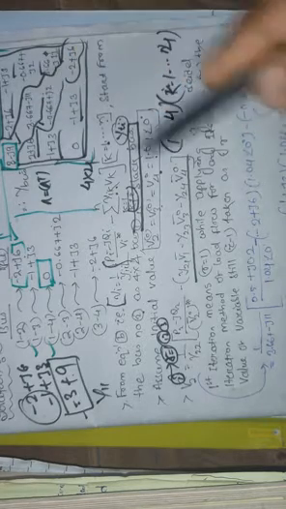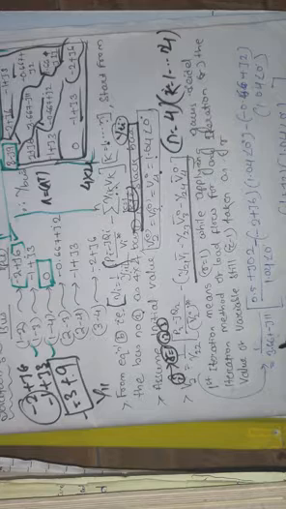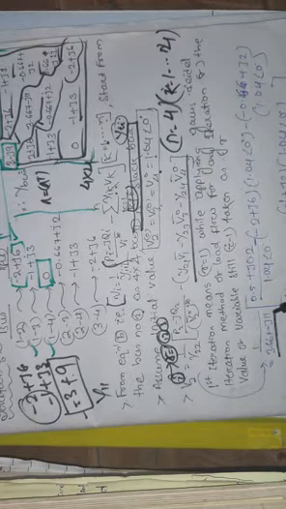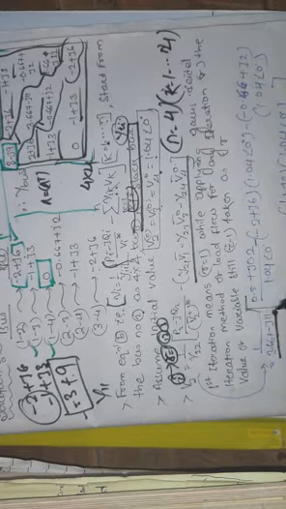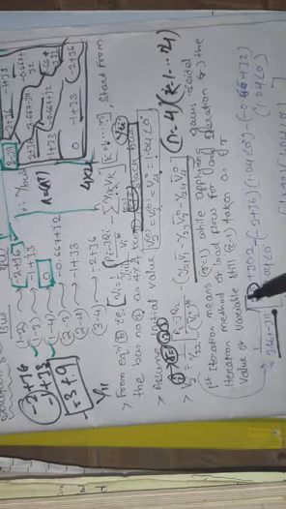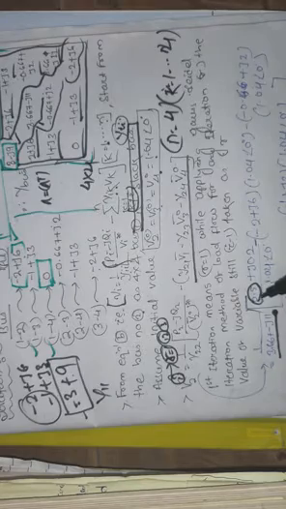3.667 minus j11. So put here 3.667 minus j11, whole multiplied by the P value, that is 0.5.